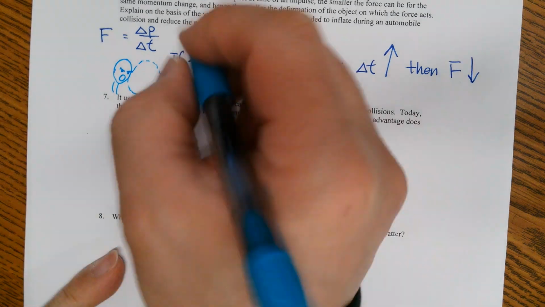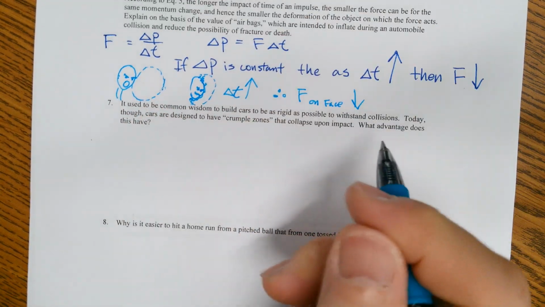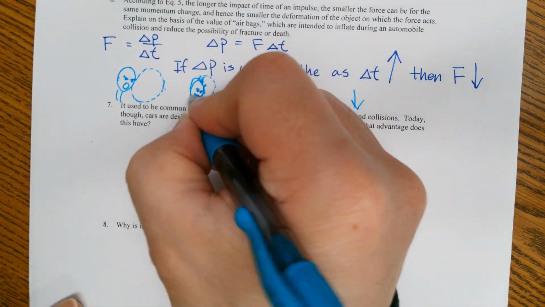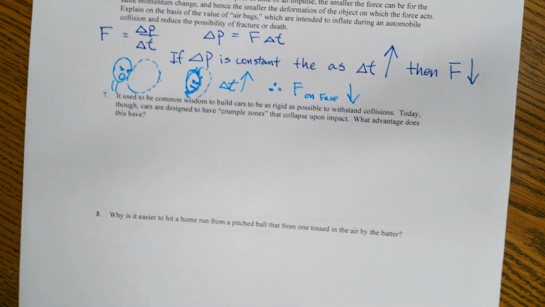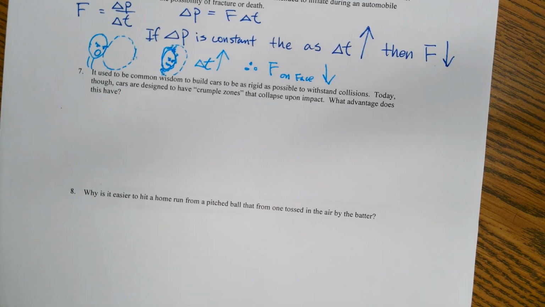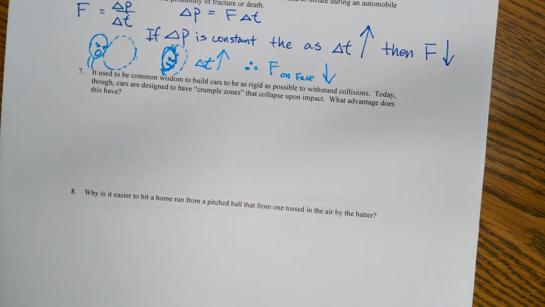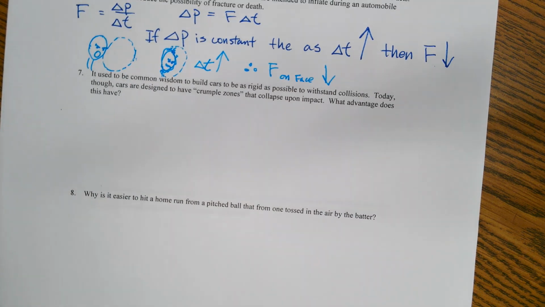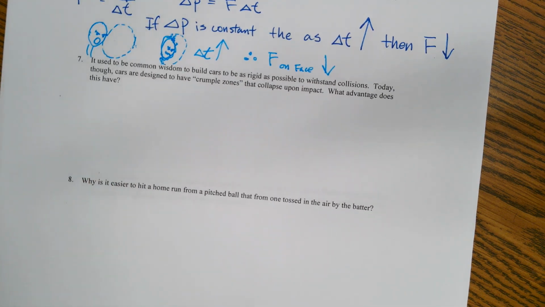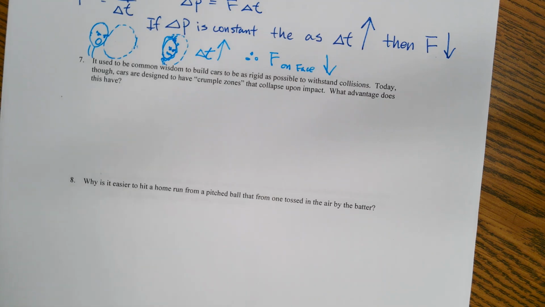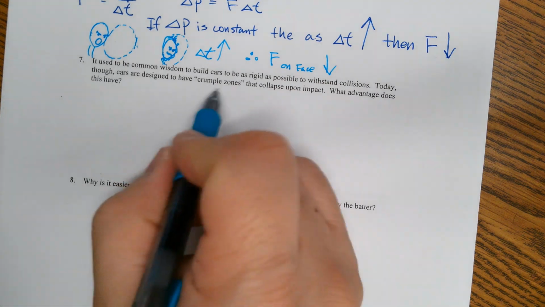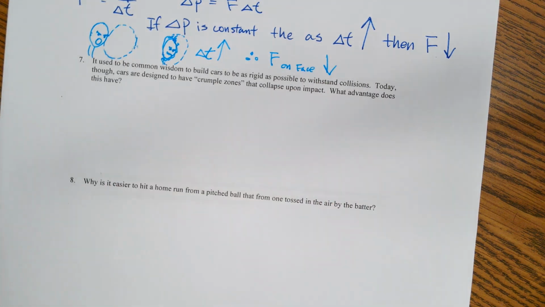All right. Now for number seven. It used to be common sense or common wisdom to build cars as rigid as possible to withstand collision. That was the old, not so smart way of building cars. Today, cars are designed to have crumple zones that collapse upon impact.